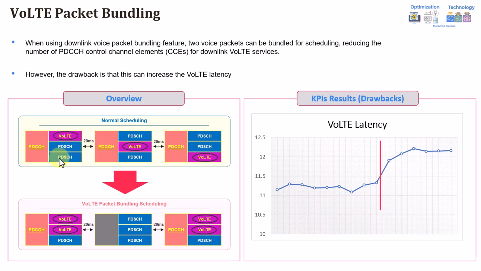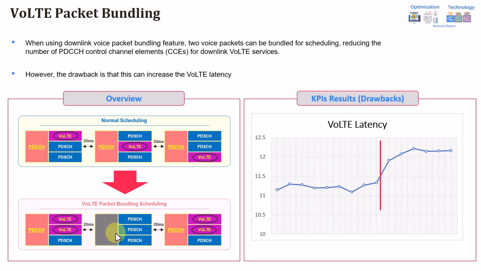Instead of sending in two different intervals, it will just bundle both packets together here. So we'll have more allocation for sure for the PDSCH, but will save the PDCCH in the next interval. So in the next interval you will not have any VoLTE packets because both of them are transmitted here, and this will be repeated again. So for example, the scheduling here, instead of every 20 milliseconds, will be every 40 milliseconds.